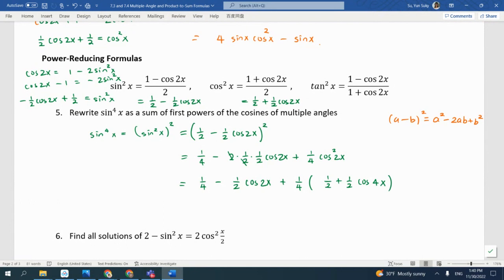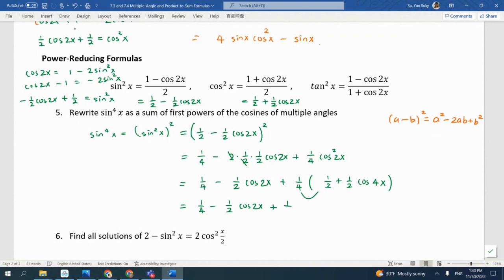We're using this formula, but we reduce the power, double the angle. If we start with x, double the angle, we get 2x. If we start with 2x, double the angle will give us 4x. If you have 5x, double the angle will give you 10x. Let's simplify that. So we get 1/4 minus 1/2 cosine 2x. This is 1 over what?